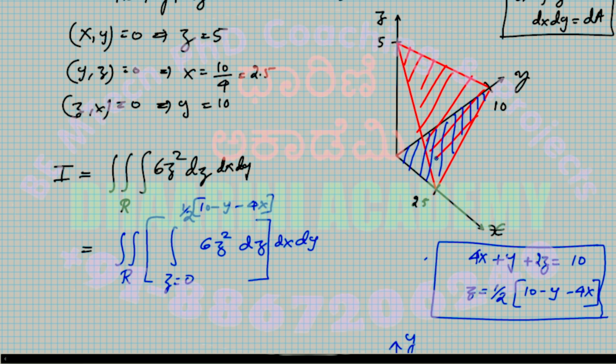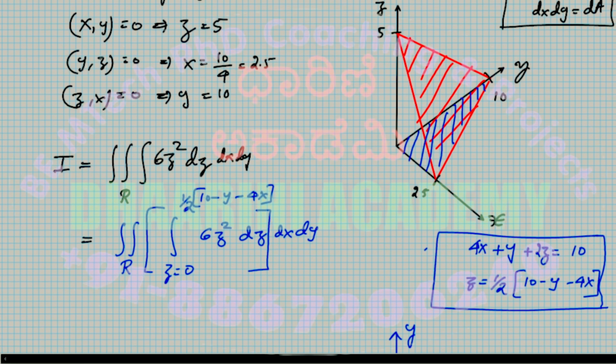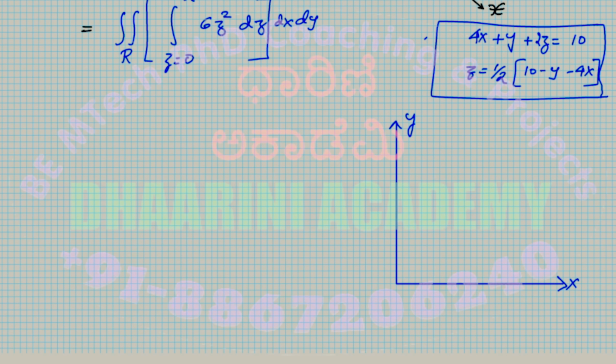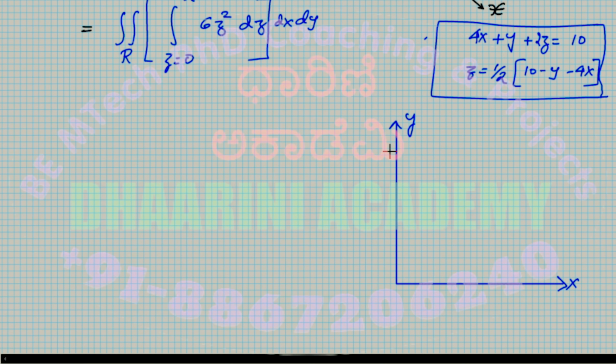Only try to write the blue colored shaded region. So the y-intercept is 10, x-intercept 2.5. Let me write that. This is 10, 2.5.